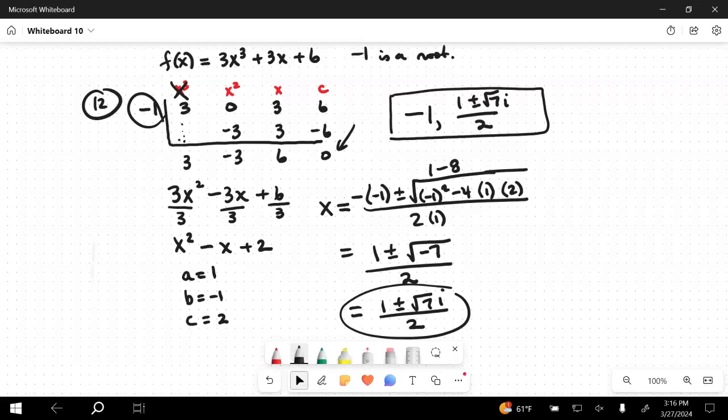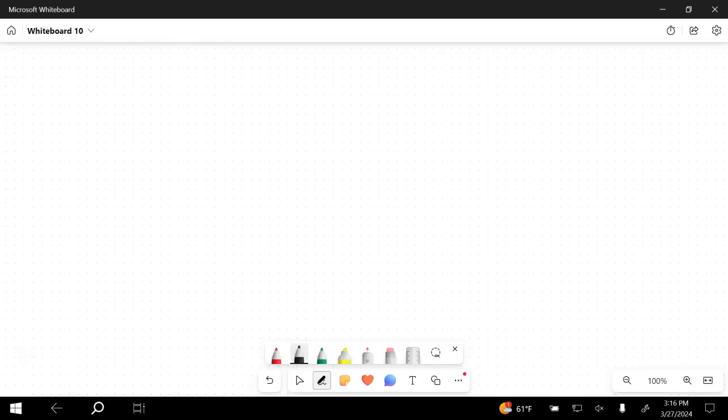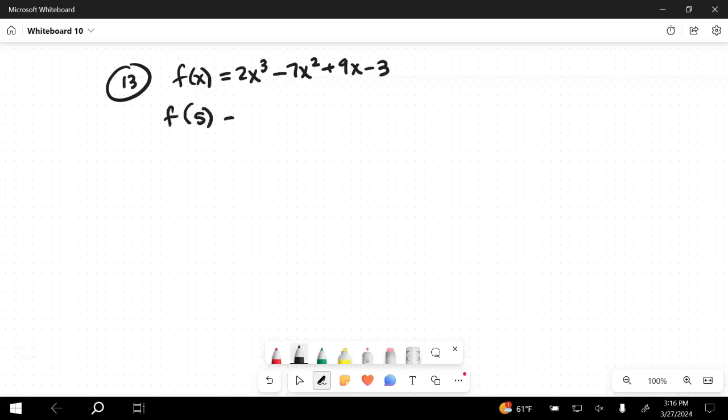Right, let's go on to number 13. Number 13 says to use the remainder theorem to evaluate this function at 5.